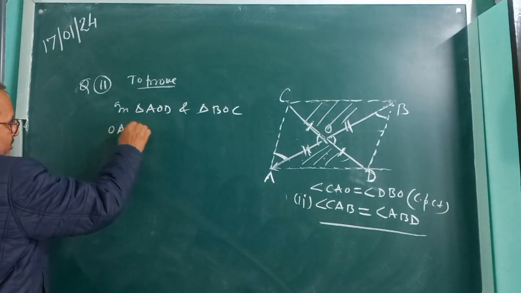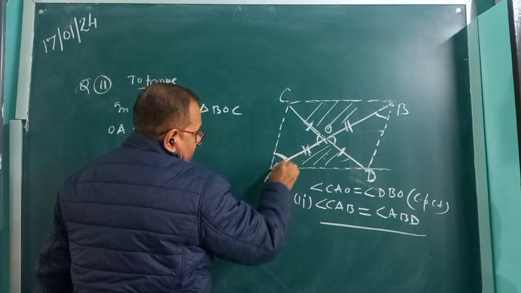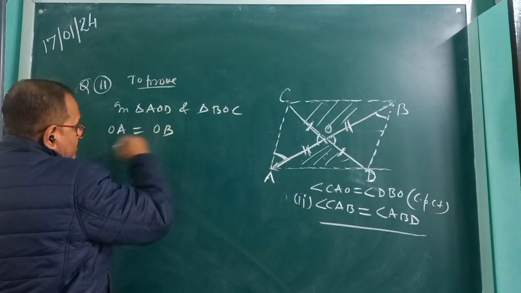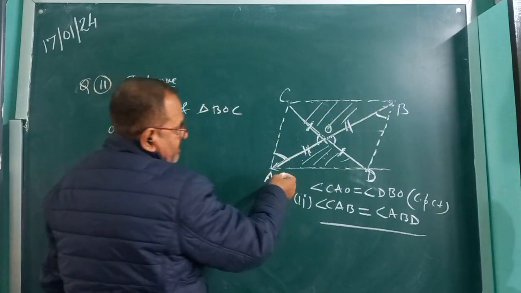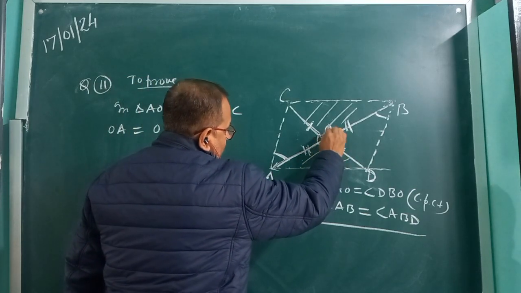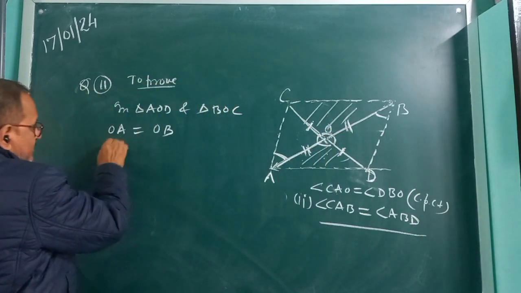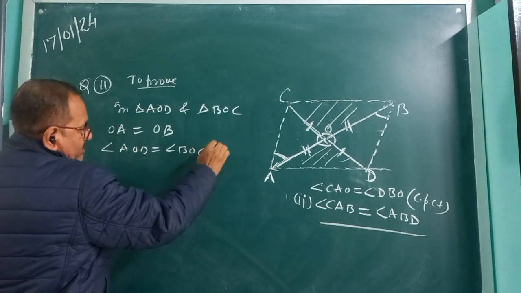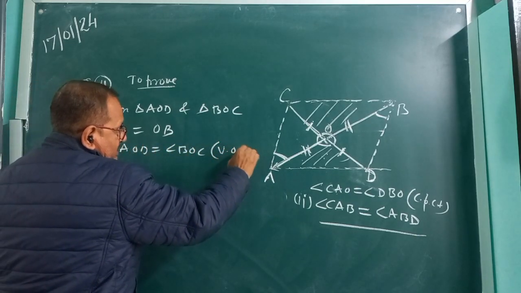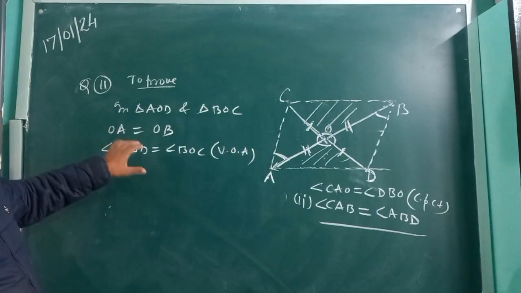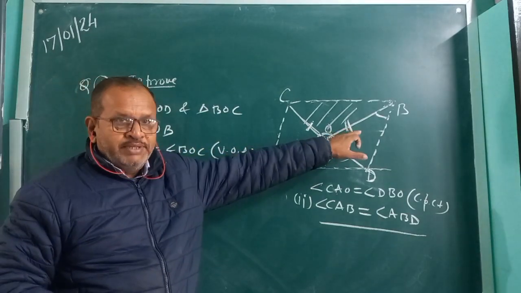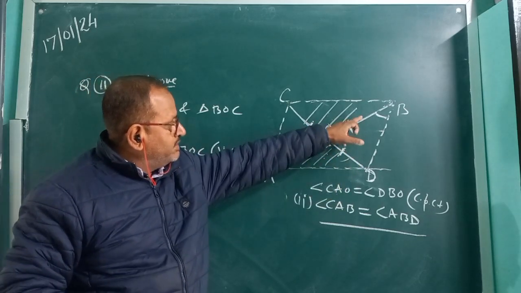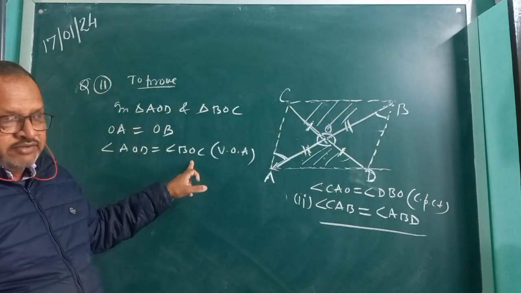How can we prove? So OA is equal to OB. It is given. Next, this angle is vertically opposite angle. So angle AOD is equal to angle BOC, vertically opposite angles.